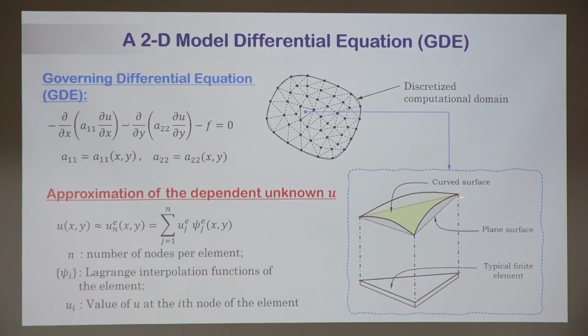But in finite elements, we can replace that surface by, if it is a linear interpolation, a plane. If it is quadratic, another surface, cubic, higher order, right? And as you go up in the interpolation degree, you will hopefully get close to the actual representation of the surface, which is the solution to the boundary value problem.